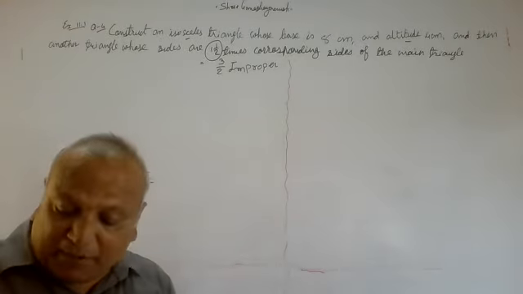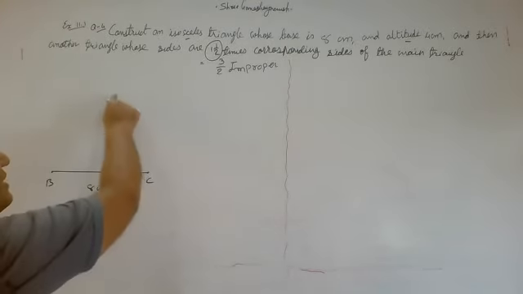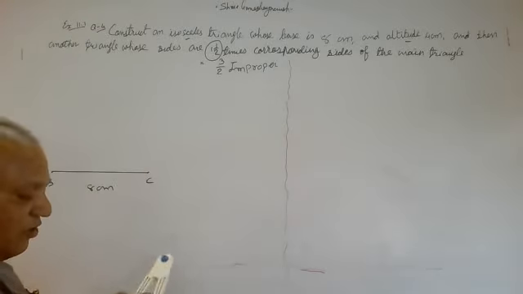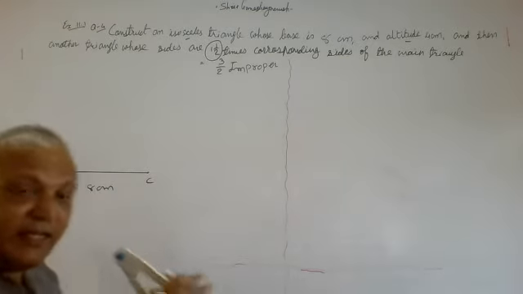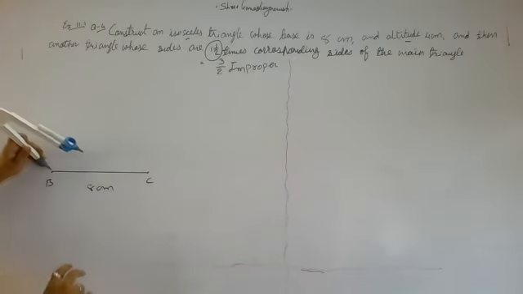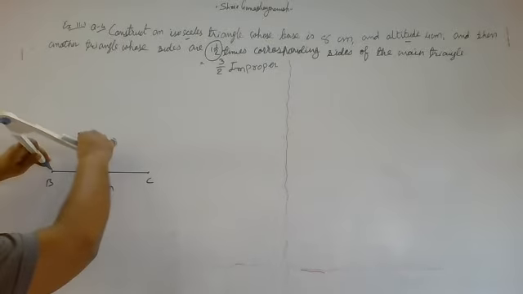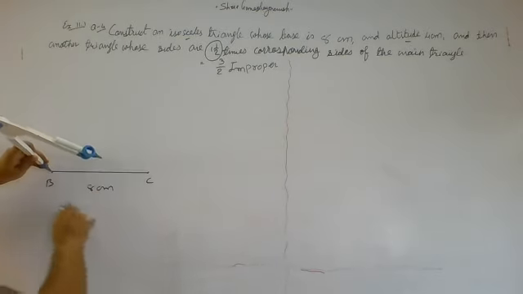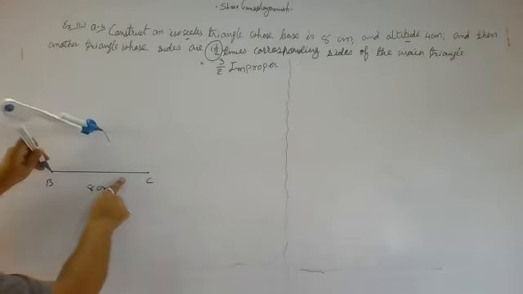Altitude means perpendicular to the base from its opposite vertex. So for perpendicular we have to take a compass, take a random measurement, and with the random measurement from B and from C we have to make the perpendicular arcs. So from B take more than half of BC measurement, one arc upside.